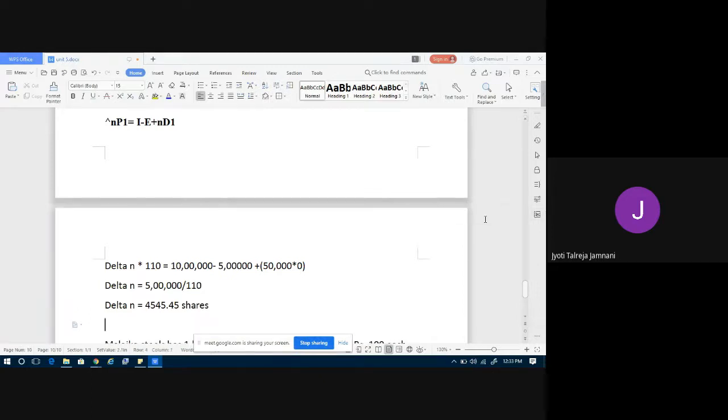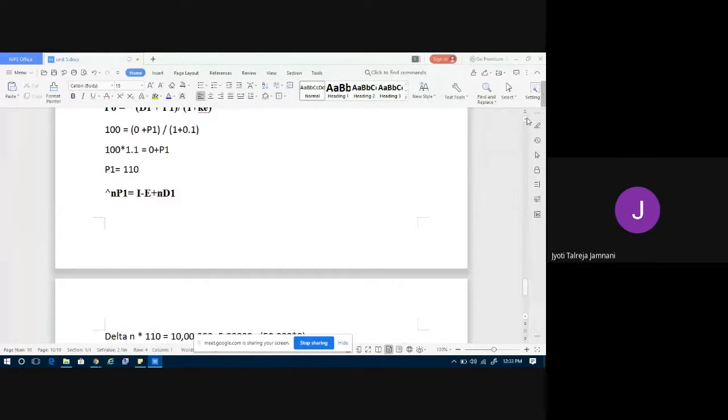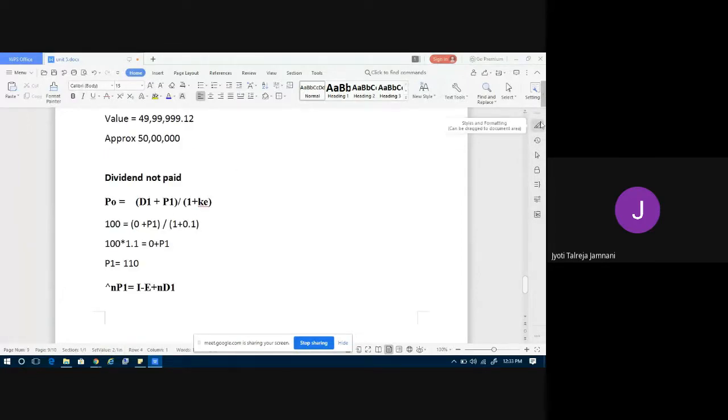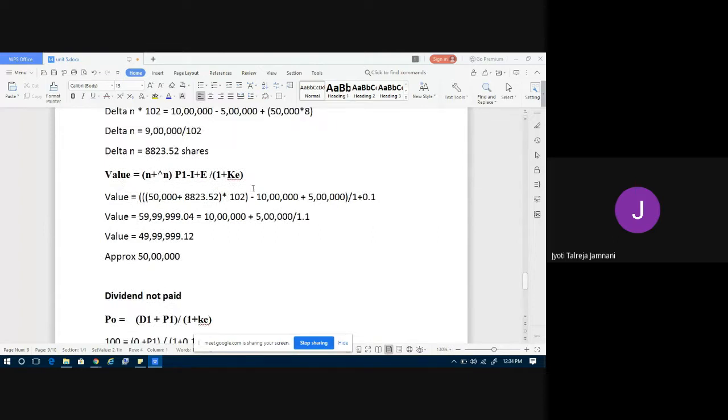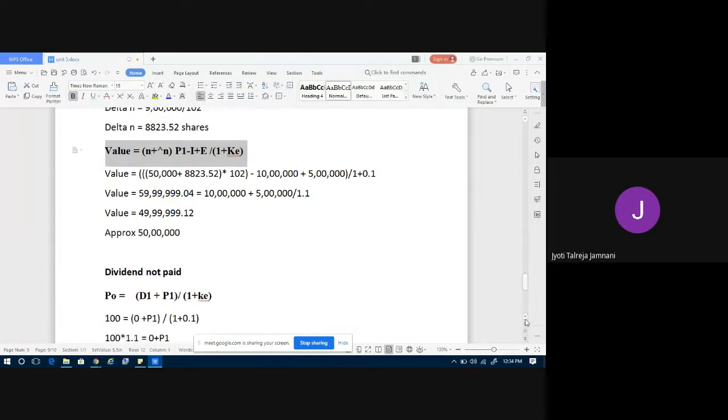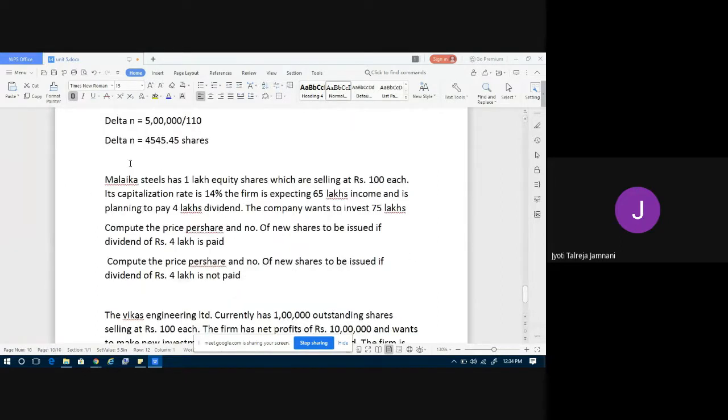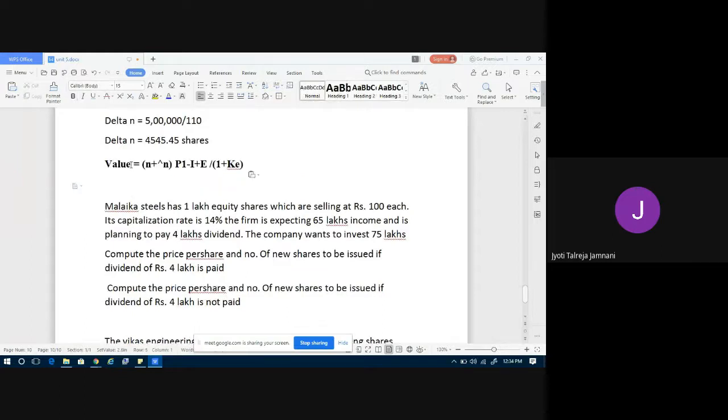Now we'll find the value of the firm. Value is equal to N plus delta N. N was 50,000 shares plus delta N, 4,545.45, into P1.